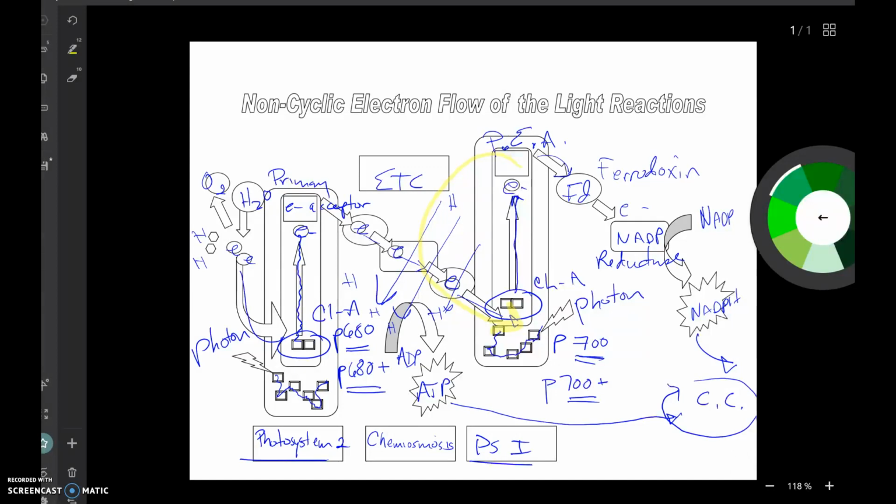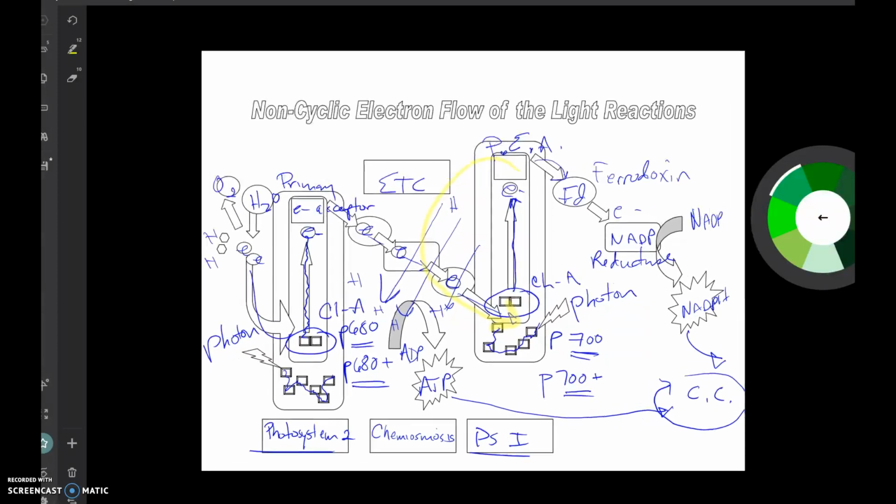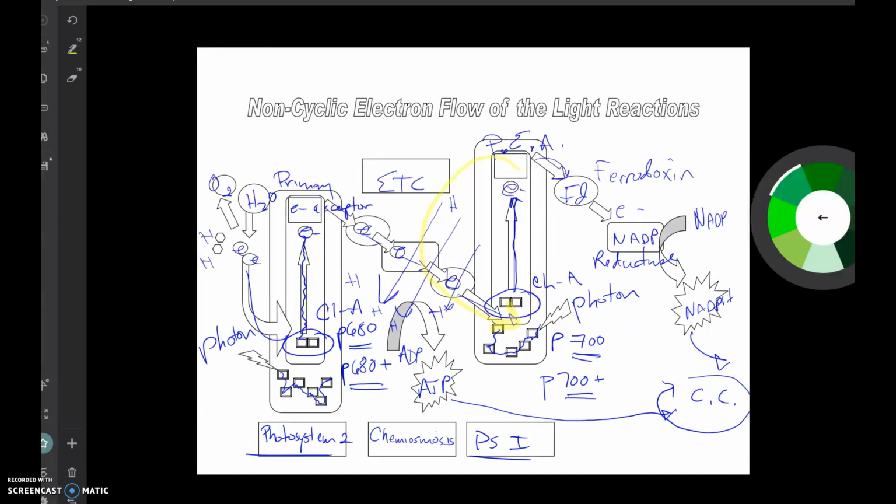And Ferredoxin, instead of delivering it to NADP, actually drops it into the cytochrome complexes of the first electron transport chain, and that produces ATP only, with no production of NADPH. So that is an evolutionary relic, if you want to think of it that way. It is a reaction that is not really seen in a lot of our common photosynthetic organisms. We find it more in the purple bacteria and the sulfur-reducing bacteria.